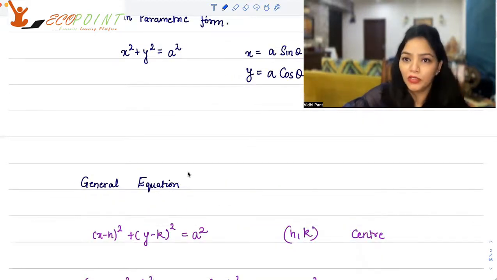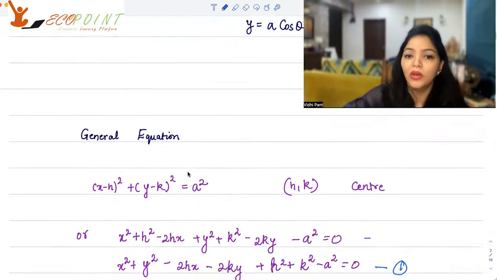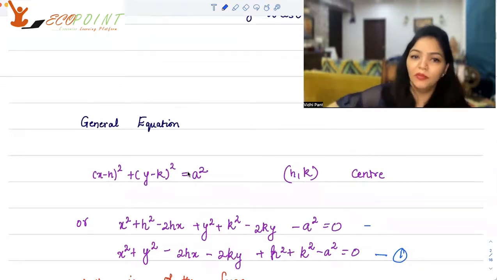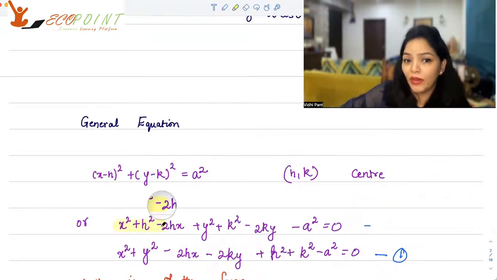A general equation for a circle is (x minus h) square plus (y minus k) square equals a square, where (h, k) is the center. If you open this up, you will get x square plus h square minus 2hx plus y square plus k square minus 2ky minus a square equals 0, taking everything to one side.